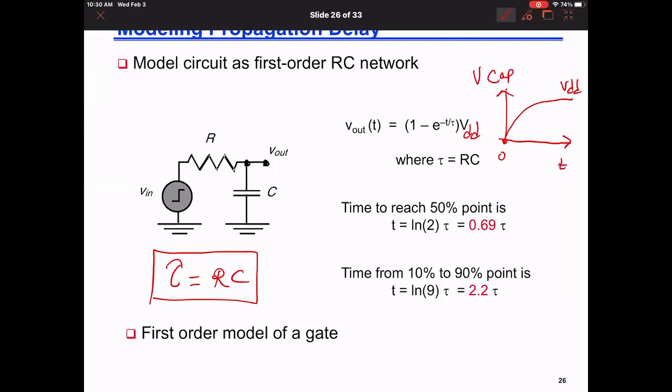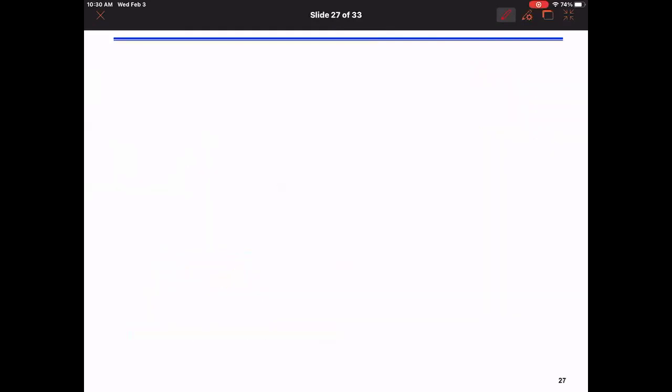Let us see how this equation is derived. The general rule, which you all know, is that V out or V cap of t is equal to V final plus V initial minus V final times e to the minus t over tau.